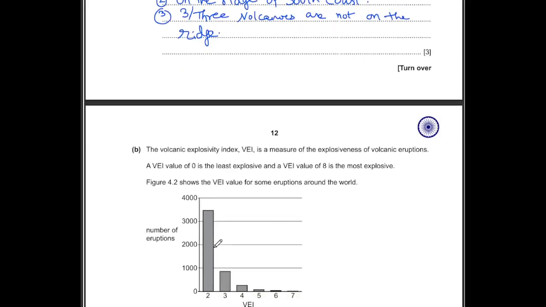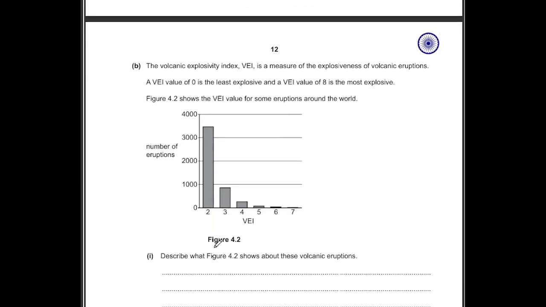Moving to the next question. The Volcanic Explosivity Index, which is VEI, is a measure of the explosiveness of a volcanic eruption. A VEI value of 0 is the least explosive and 8 is the most explosive. Figure 4.2 shows the VEI value for some eruptions around the world.